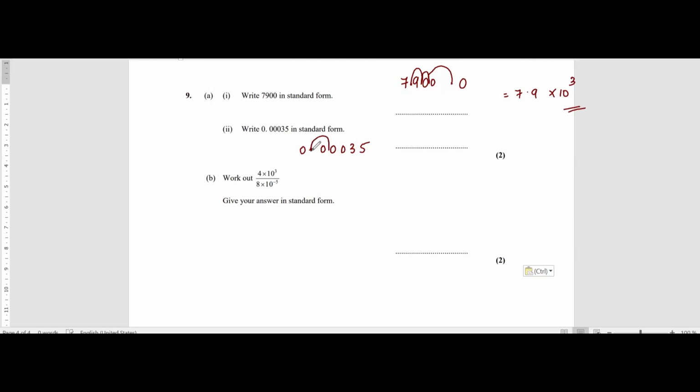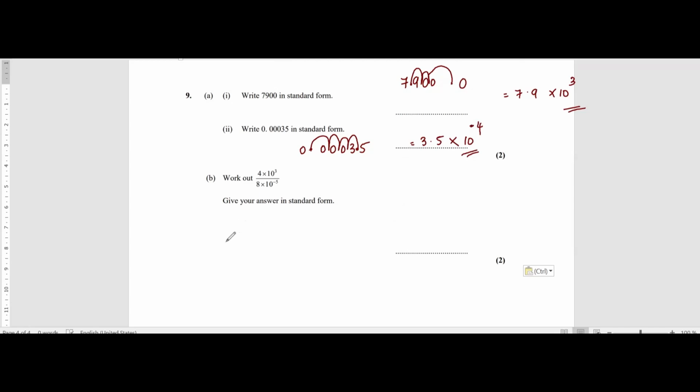So shifting the decimal point towards right once, twice, thrice, 4 times here, this will become 3.5. And since we have shifted the decimal point towards right, it will be 10 to the power of negative. How many times did we shift? 1, 2, 3, 4. So 10 to the power of negative 4.